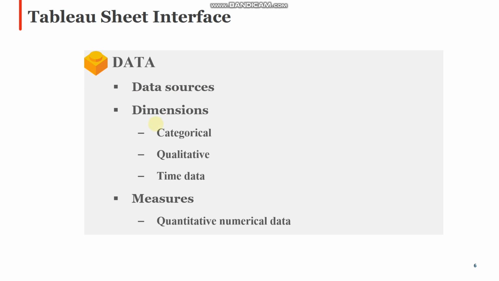The second is called the dimensions. Different software may have their own notation for qualitative or categorical data types, so you may just interpret this as the list of all categorical data types, including the time. The third is called the measures. This is easy to understand. It is a list of all the quantitative numerical data variables.